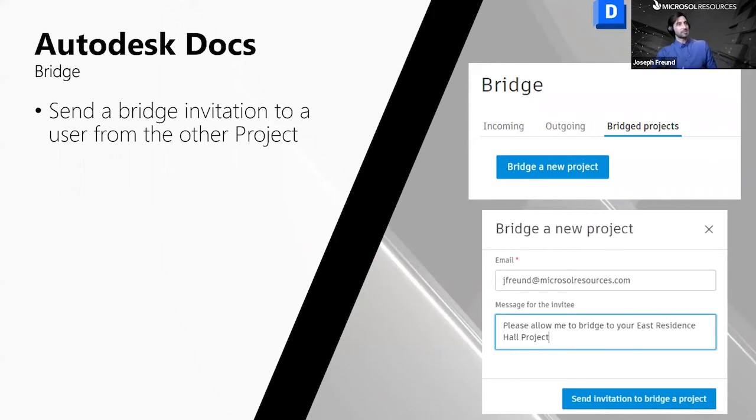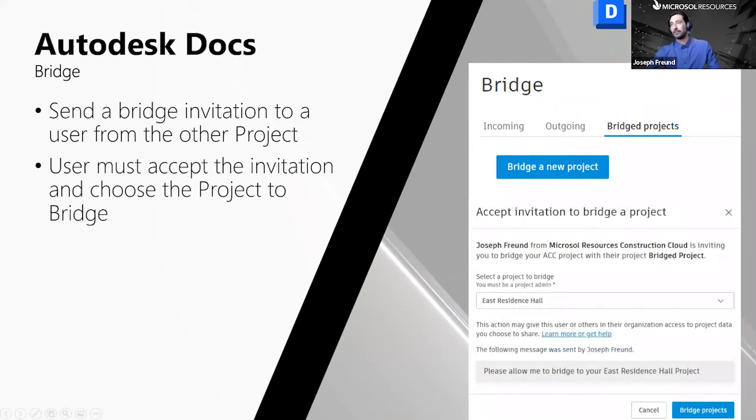So then the recipient receives an email with a link in it. And then from there, they'd be able to select which project to create the bridge to. And this bridge is initiated from the project that the other individual wants to link to.